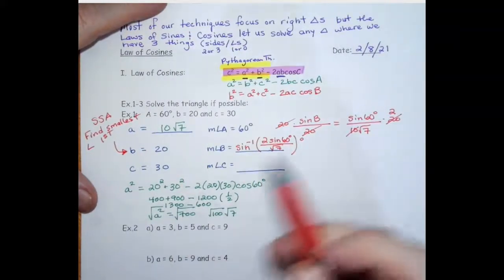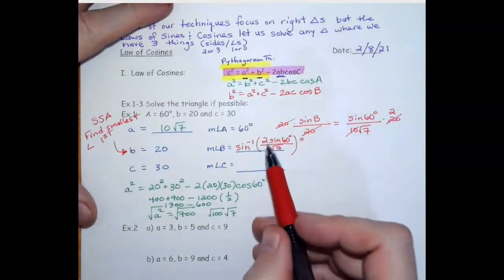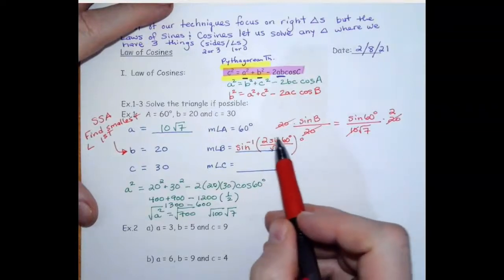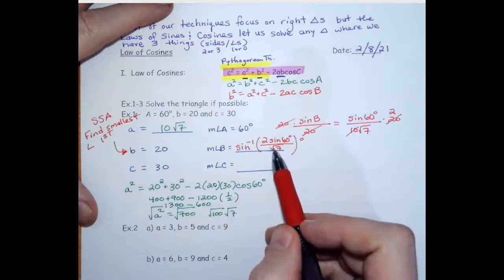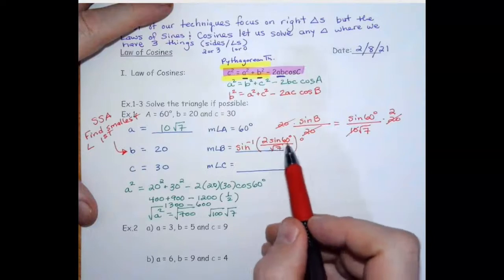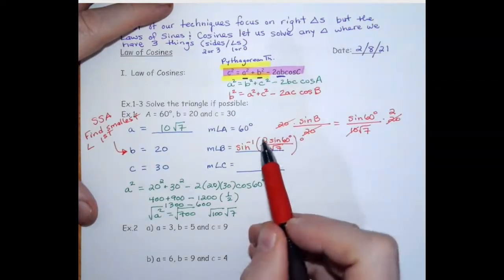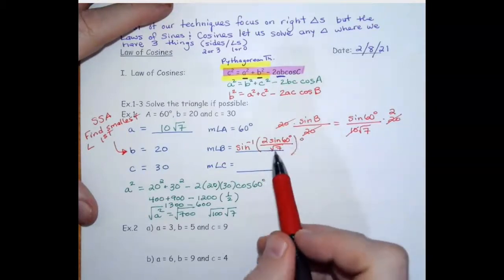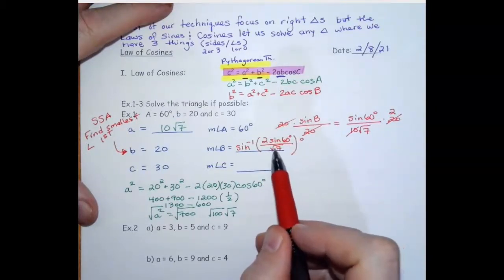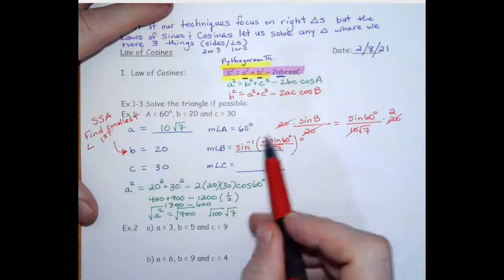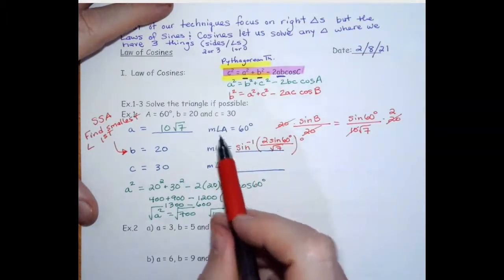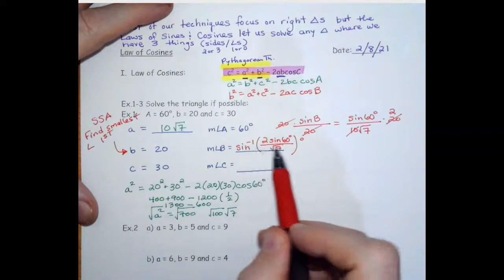Now, because you're at home on the Alex, I'm not sure what the Alex is going to have you do, so you might need to type this in your calculator. And on the phone, it's a little bit tricky. So you're going to do the sine of 60, and then it'll give you a decimal, and then you'll take that times 2 and hit enter. Then you'll divide that by root 7. And then once you have all that, then you'll hit second sine, and type that in.